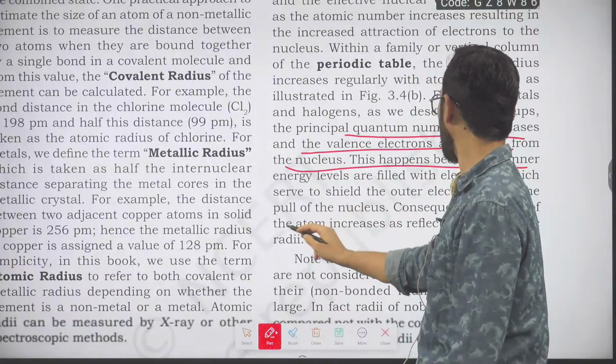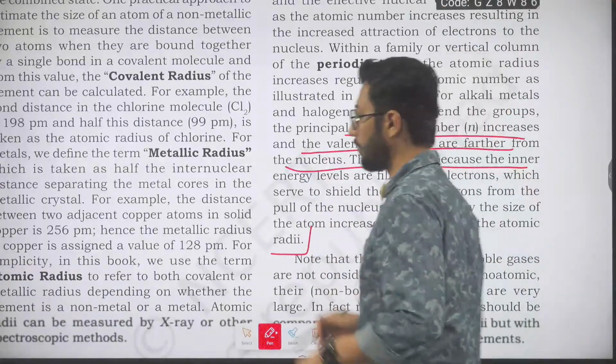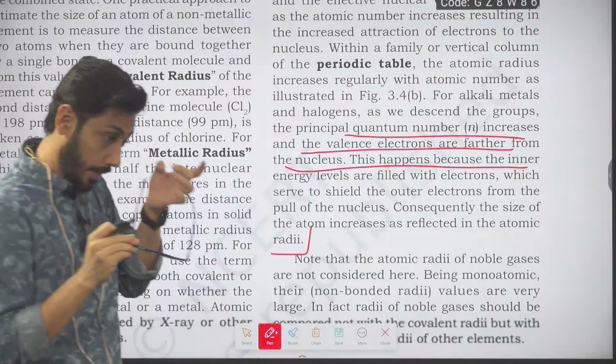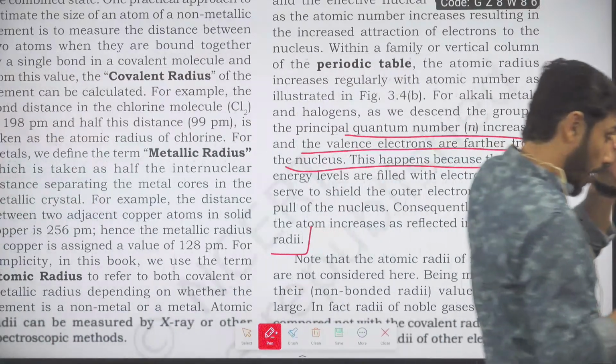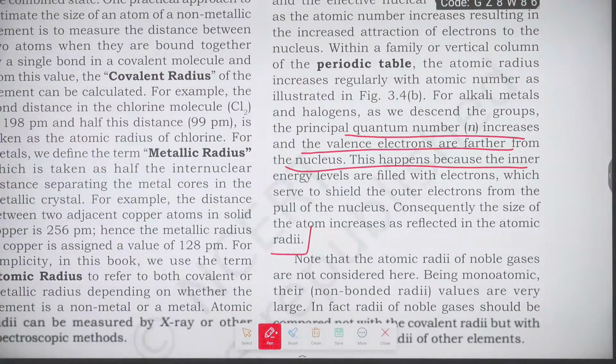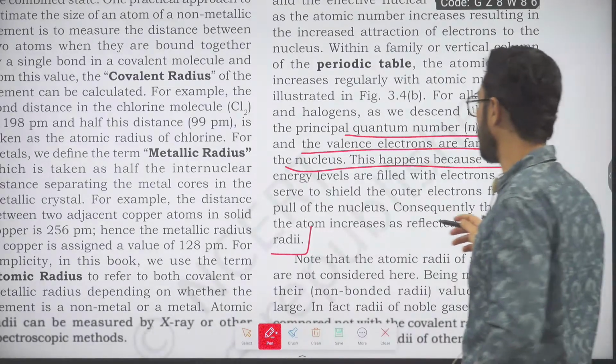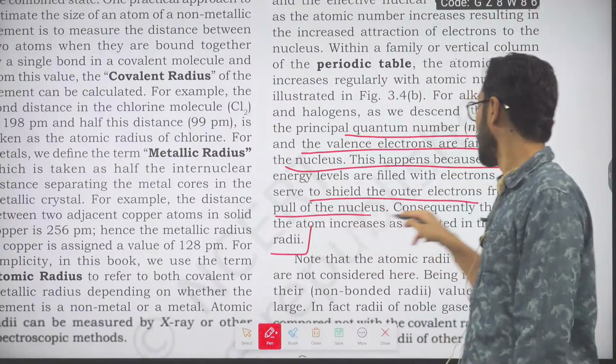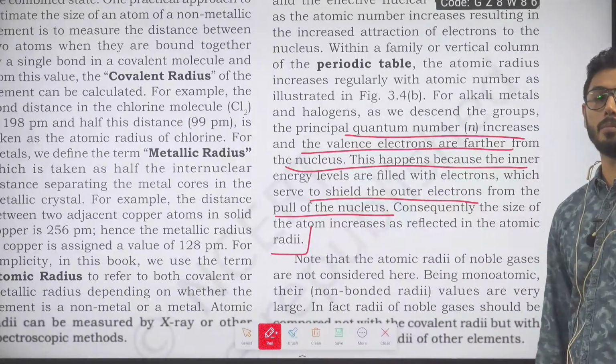The atomic radius increases top to bottom because the number of shells increases, inner shell electrons increase, and the shielding effect increases due to inner shell electrons, and finally atom size increases.